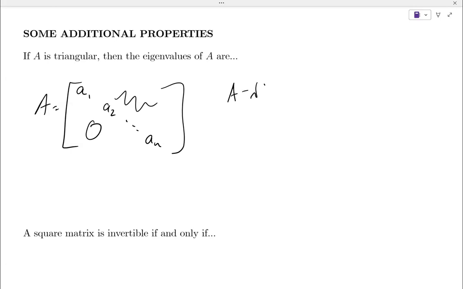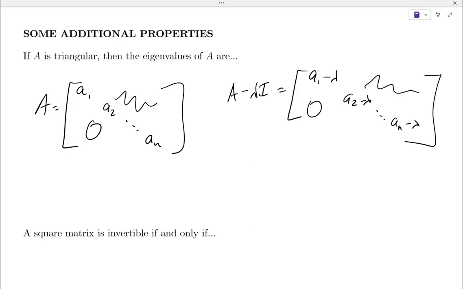If you do A minus lambda I, you'll get those diagonal entries minus lambda down the diagonal. It doesn't change anything over here, and that's still 0 down there, right? What's going to happen when you take the determinant of that matrix?